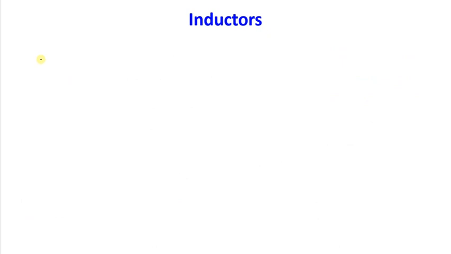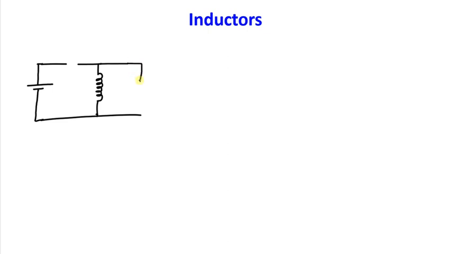Now let us discuss the working principle of an inductor using a simple circuit. So this is the inductor, which is connected with a battery, and parallel to this inductor one simple bulb is connected.